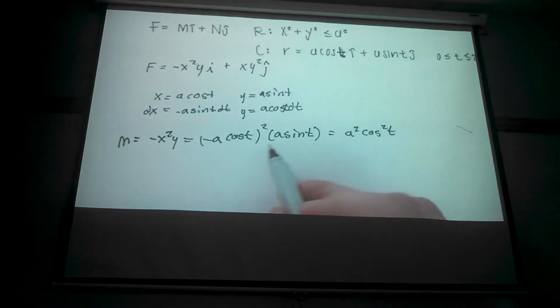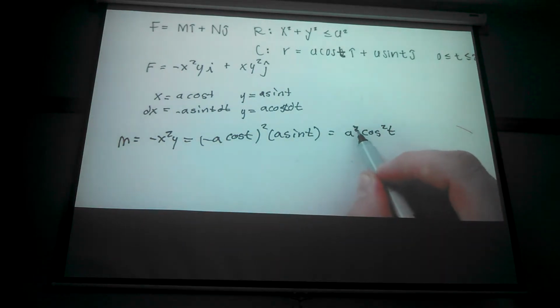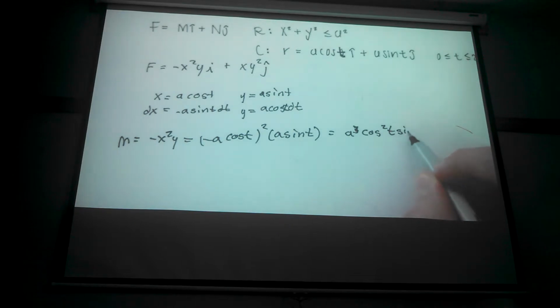And this would actually be a cubed, because the a is going to come over here, so make this a cubed sine of t.